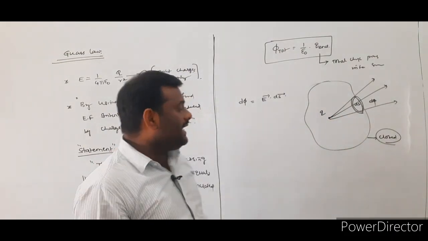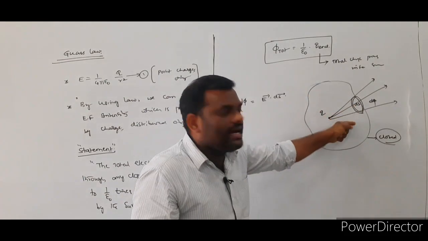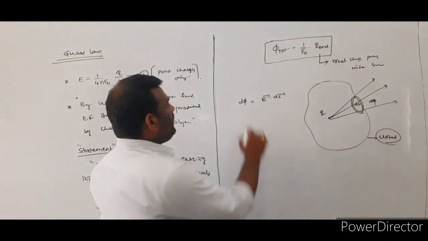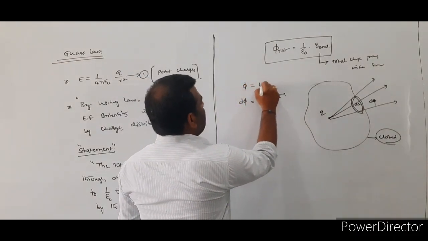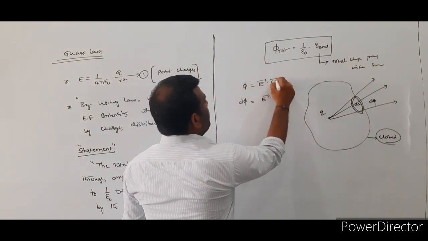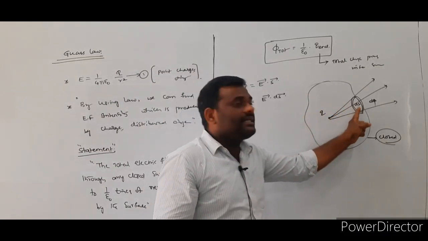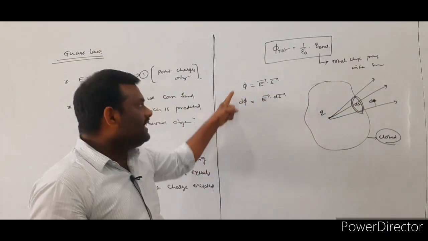So, I am assuming that through the small area ds, d phi amount of flux will be passing. Already we know the flux definition: flux phi is equal to E bar dot ds bar. Here I consider the smaller area, as a result smaller flux.